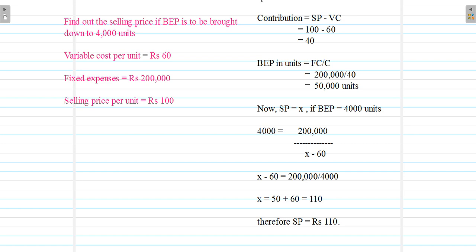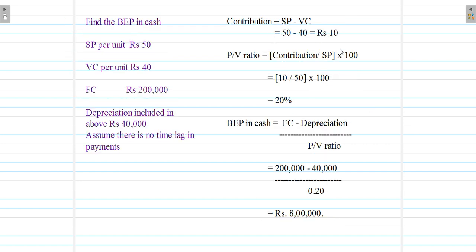Now let's see one more sum. Again they are asking us to find the break-even point in cash. They've given the selling price, variable cost and fixed cost. In addition, they've given one more information that depreciation is included in the fixed cost. So how do we calculate BEP in value?